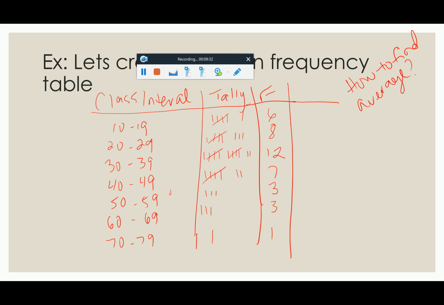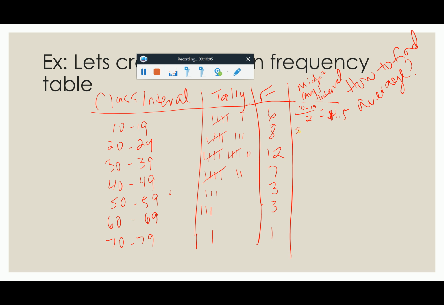Alright, the next thing you do is find the midpoint or the average of the interval. So you take 10 plus 19 and divide it by 2, and you get 14.5.